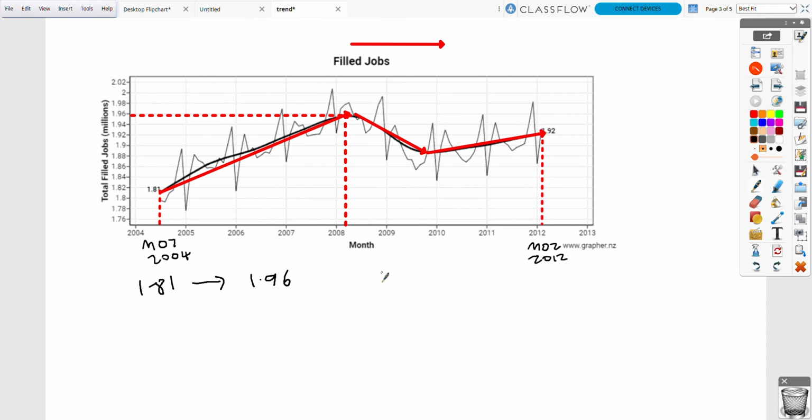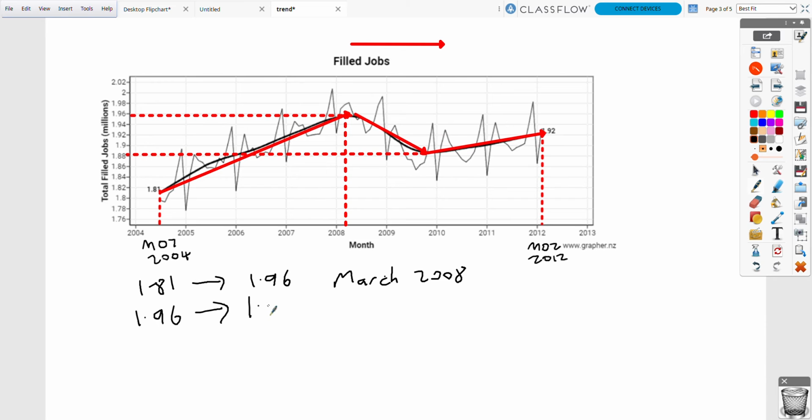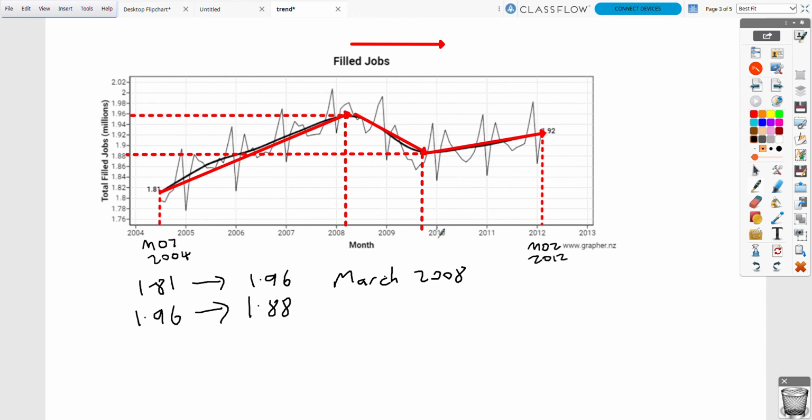by March 2008, and my trend line is then decreasing, and it's decreasing from approximately 1.96 million to approximately 1.88 million, and that is up to September 2009.